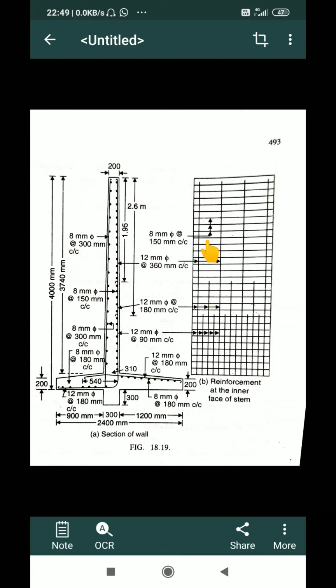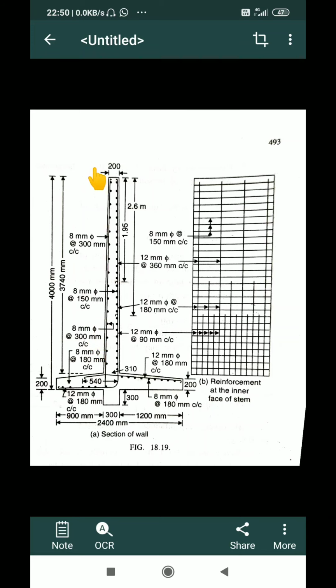Again, once I go to the upper side on the next level, I can curtail another bar, so I am providing 12 mm dia at 360 mm center to center. So this is about the stem reinforcement on the backfill side.